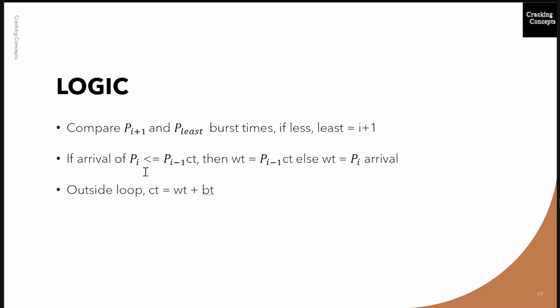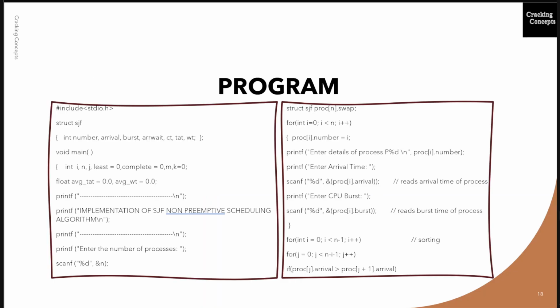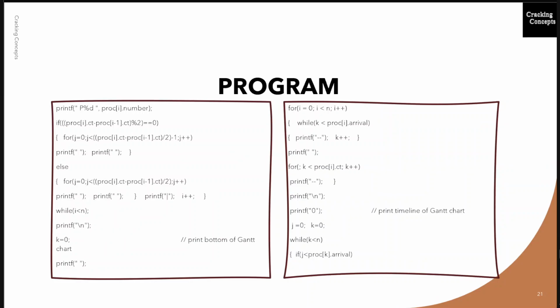Now, if it is less than or equal, then the wait time will be the completion time of I minus 1, or the wait time will be calculated based on the arrival time of Pi. Then in another loop that is outside this current loop, the completion time will be calculated, which is wait time plus the burst time. Now this is the program that I have implemented.